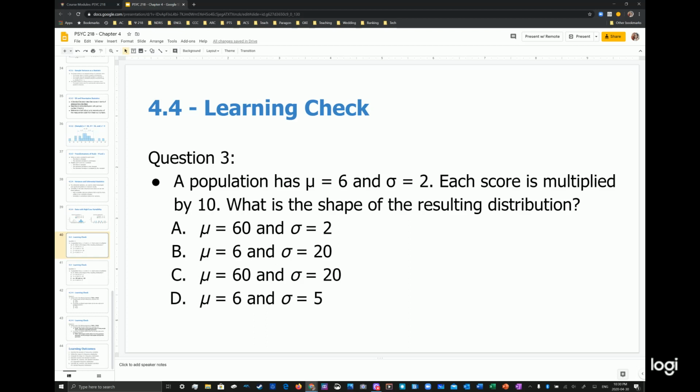What happens to the mean and the standard deviation? If you multiply both the mean and the standard deviation by the constant, in this case 10, you'll be right. So again, the new mean would be 60 and the new standard deviation would be 20. Because each score is multiplied, both the mean and the standard deviation would change.